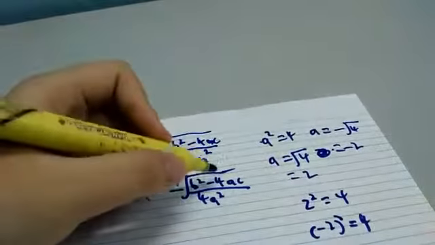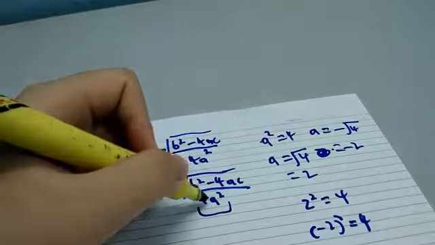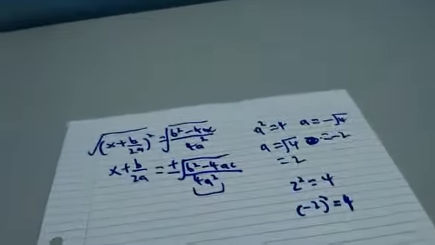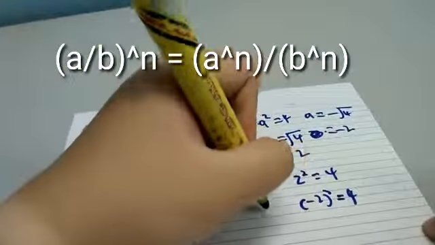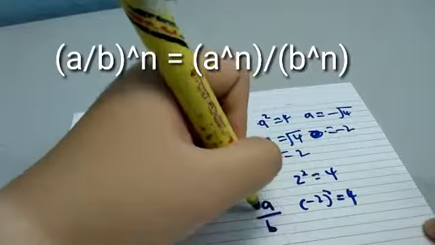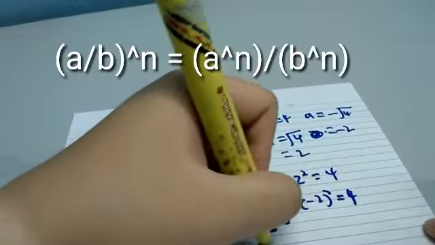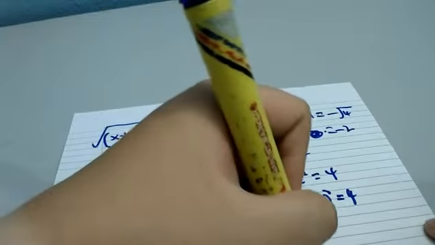And then here's the denominator. We can square root it, because don't forget the law of indices: (a over b) to the power of n is equal to a to the power of n divided by b to the power of n.